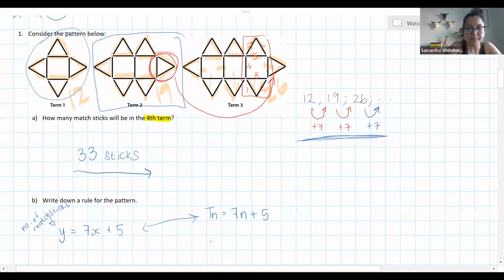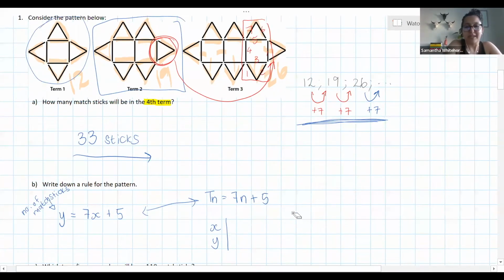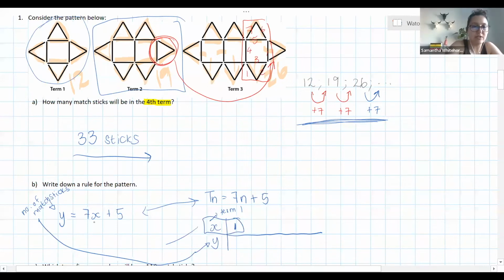So both of these are absolutely fine. Now, if I draw a very rough table, where x is the term number, so is it image 1, image 2, image 3, and y is the number of matchsticks. If I go to term 1, I could substitute 1 in place of the x in my rule, and I can find out what y is.